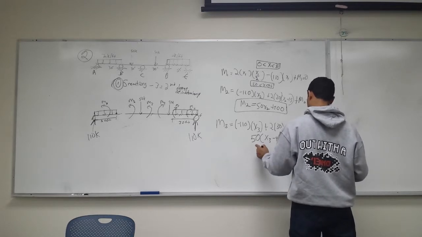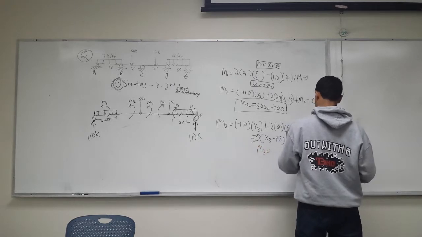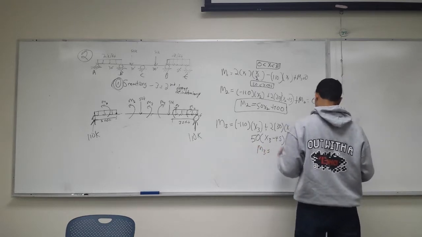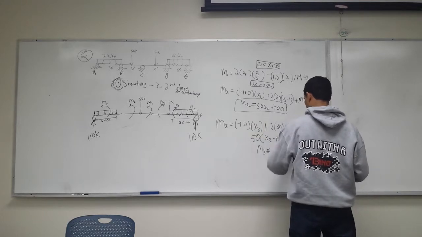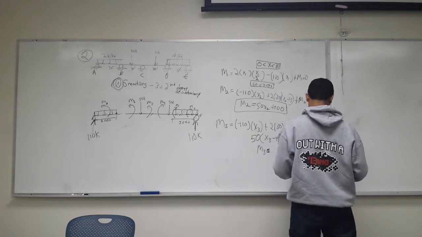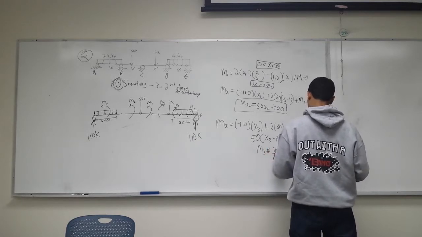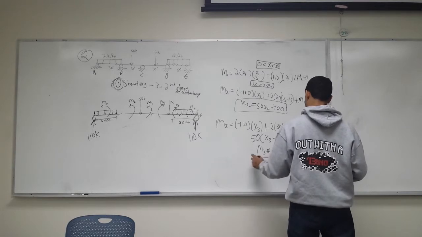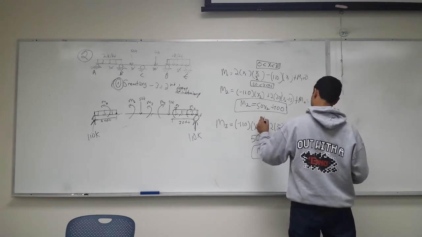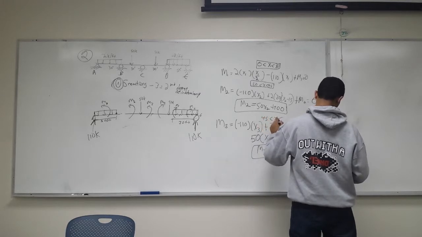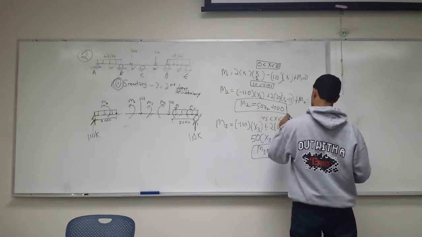All of this has to be equal to 0 for equilibrium. So when we do that work, we end up getting that m3 is equal to 3,150, and that's the expression for the moment from 45 to 60 feet.